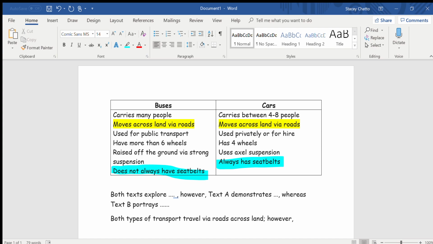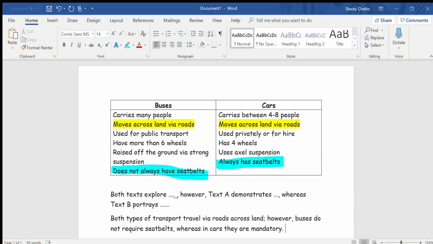However, buses do not require seatbelts, whereas in cars they are mandatory. See how simple that is?